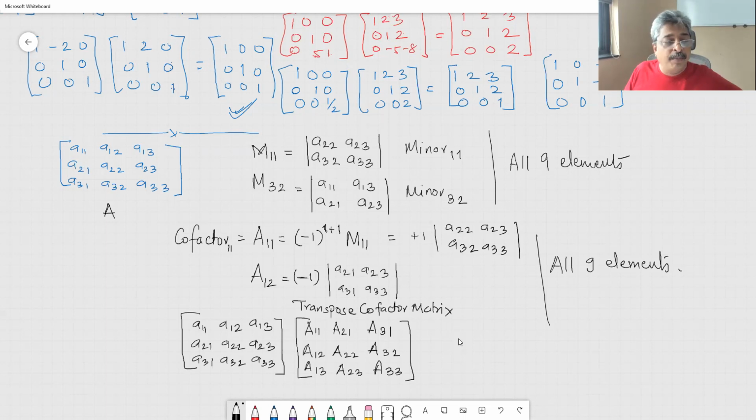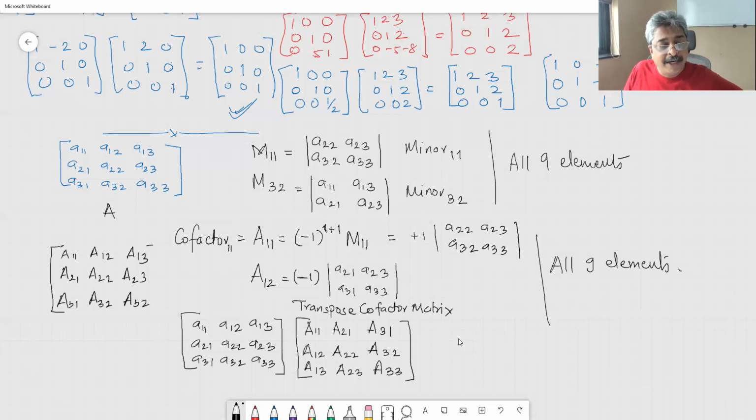If we would have made a cofactor matrix as it is, then it is A11, A12, A13, A21, A22, A23, A31, A32, A33. This would have been the cofactor matrix, row followed by column. So first row first column, first row second column, and so on.